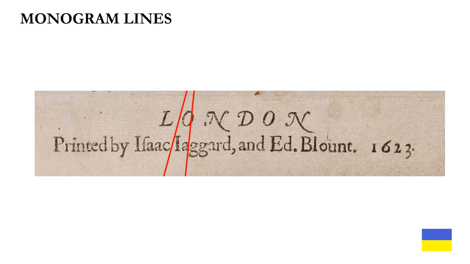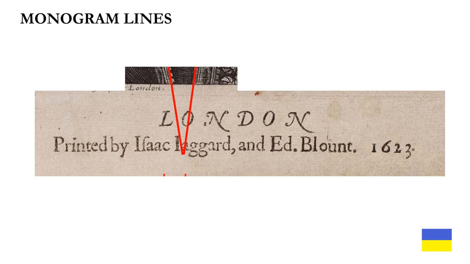Now I present to you the monogram lines. In the first video, we saw how the point of the spearhead in the doublet connects at the lowercase a in Jaggard, but it encompasses the O in London.